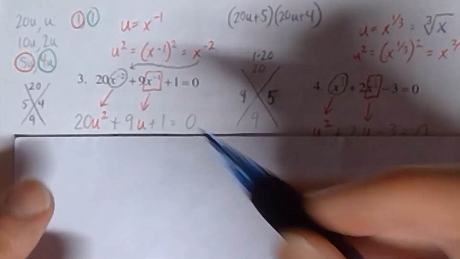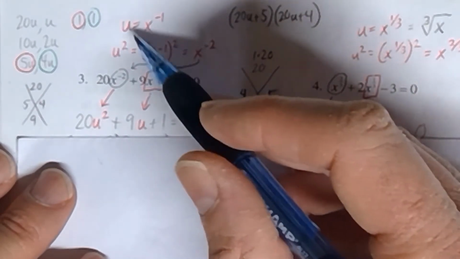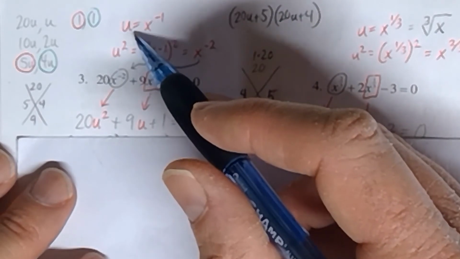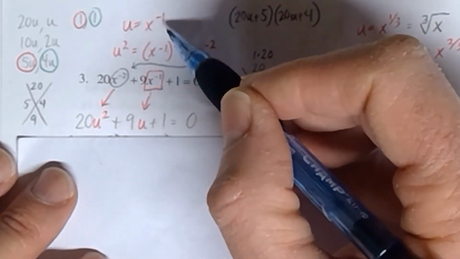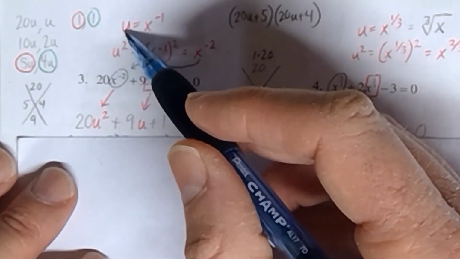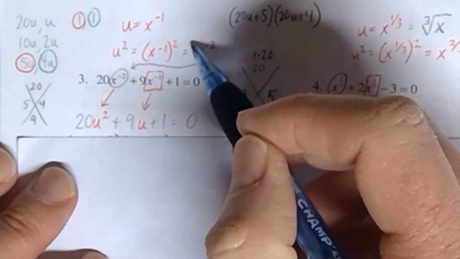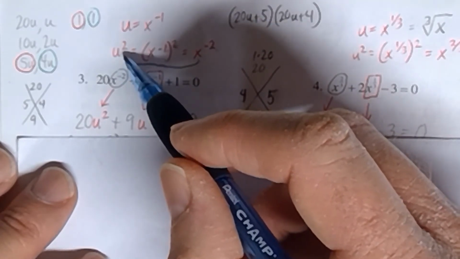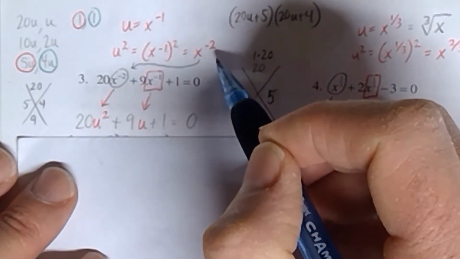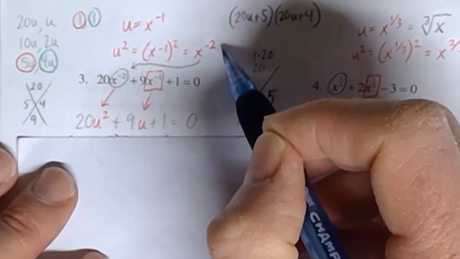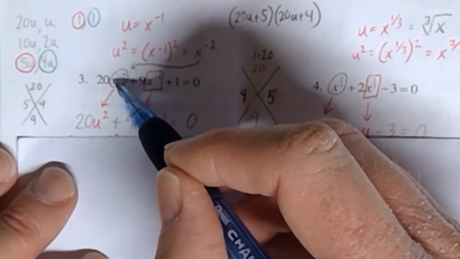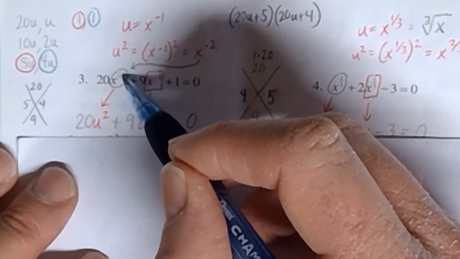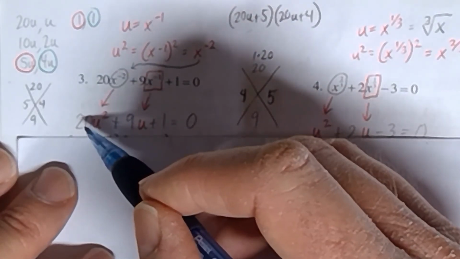After you replace the x to the negative 2, which is what u squared was equal to, with u to the second power, okay, then everything else stays the same in the problem.